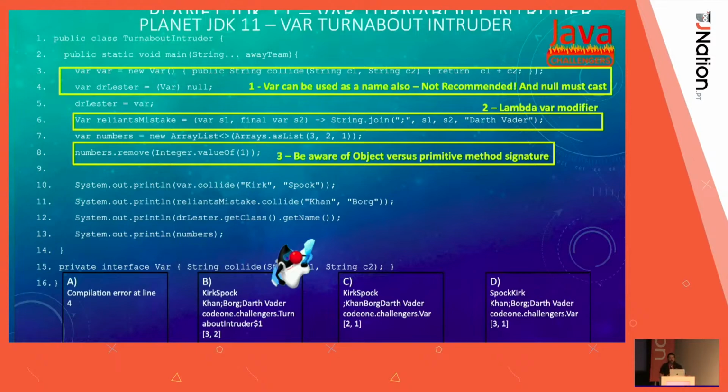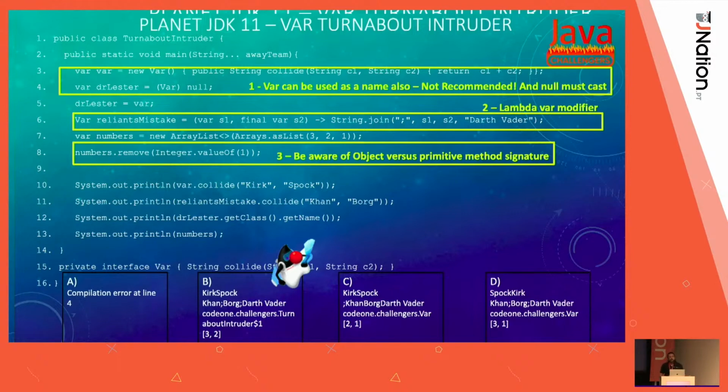And as we can see here, we can also use var as a variable name. It's totally fine to use var as a variable name because, as you can see, in the most recent Java versions, we are not creating keywords that will cause compilation errors anymore.